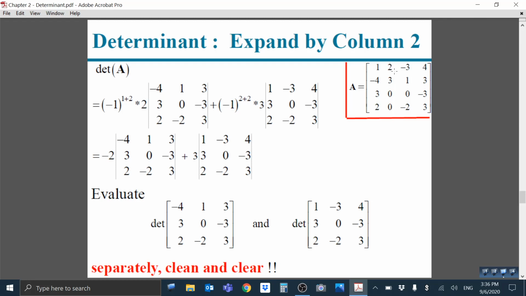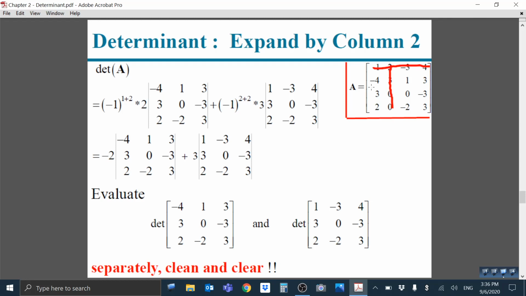The entry here is 2, and the entry is in position row 1, column 2, so 1, 2. So I have negative 1 to the power 1 plus 2 times the entry at position 1, 2, which is 2, times the determinant of a smaller matrix that I get by eliminating column 2 and row 1. So entry 1, 2, I eliminate row 1, column 2.